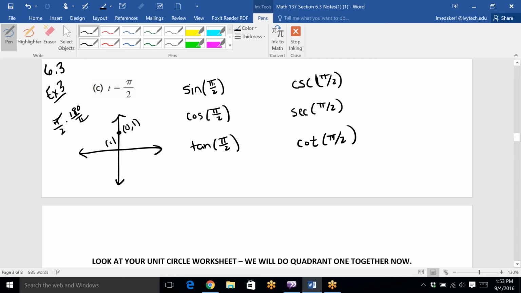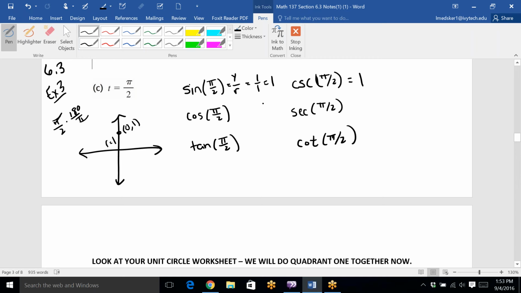So remember, sine is opposite, which is the y value, over the hypotenuse, which is the radius. So y would be 1, and radius would also be 1. So this is just 1 over 1, or 1, which means cosecant is also 1 over 1, which is 1.